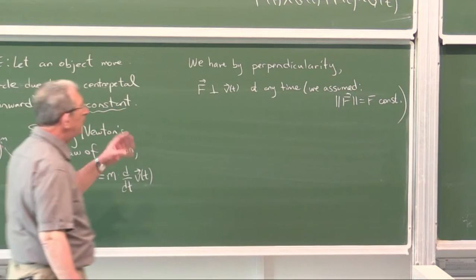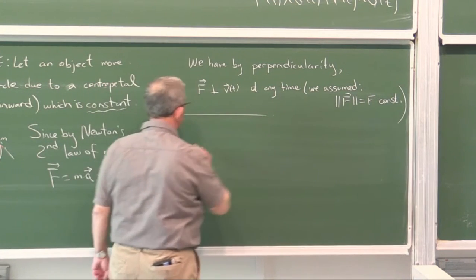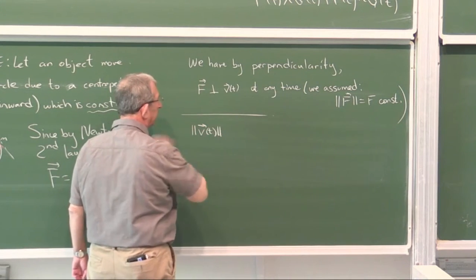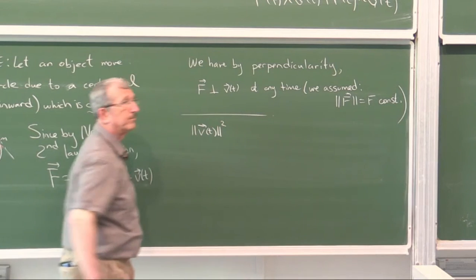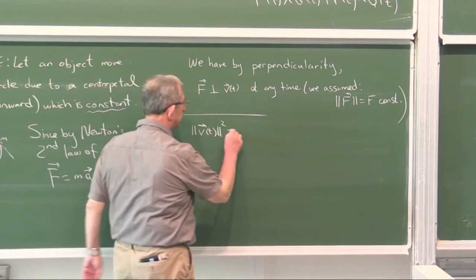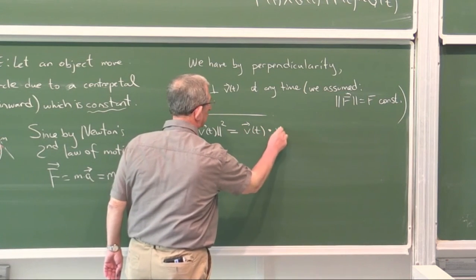Now this perpendicularity can be used as follows. Let us consider the length of the vector v squared. Now this length is, by our vector knowledge, v of t dot v of t.